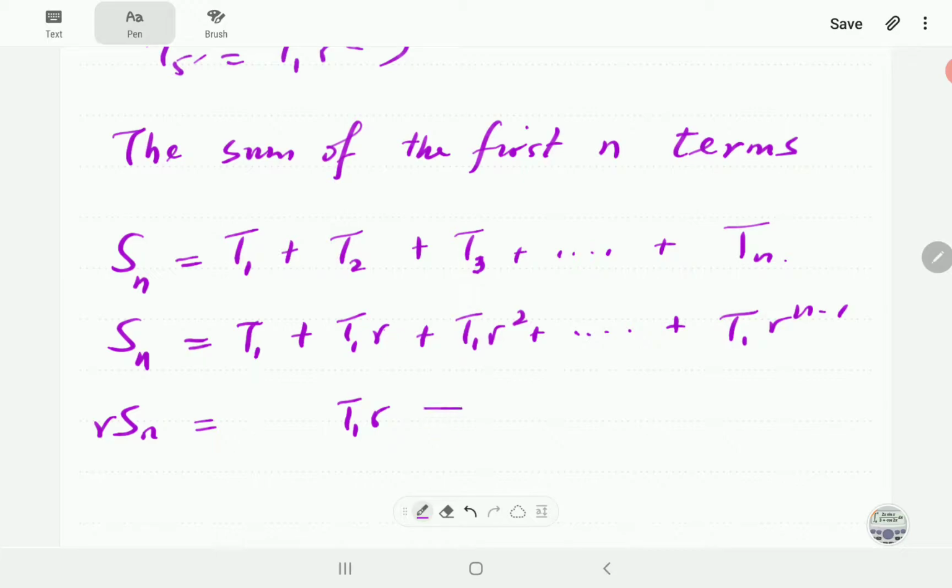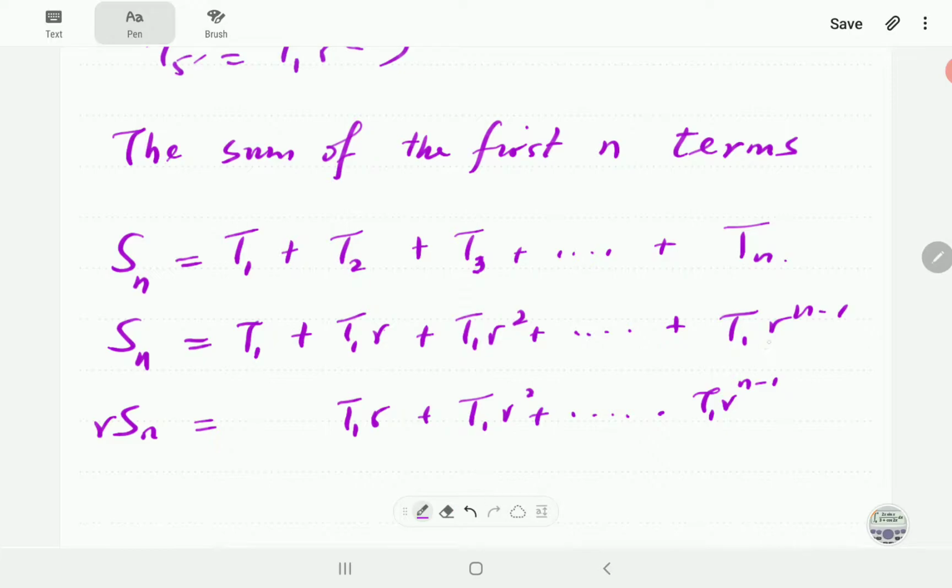Multiply this one by r, we're going to get T1r squared. Multiply this one by r, we're going to get T1r cubed, all the way to, if you multiply the term just before this one by r, we're going to get T1r to the power n minus 1.